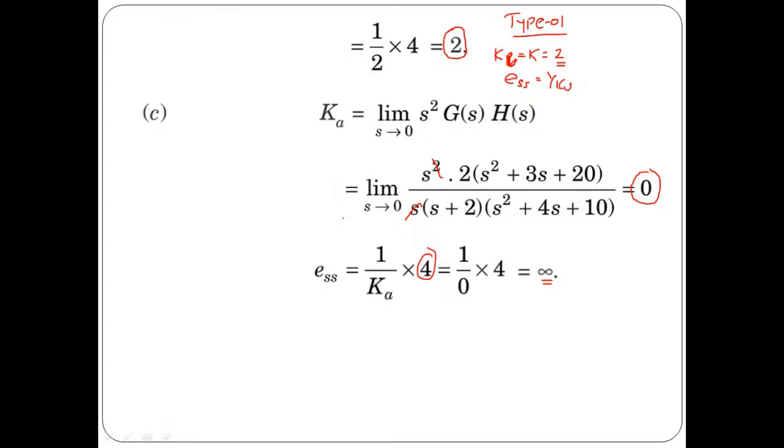So finally, what we conclude is that for this particular system having an open loop transfer function G of s into H of s equals 2 in bracket s square plus 3s plus 20, whole divided by s in bracket s plus 2 and then s square plus 4s plus 10, because it is a type 1 system, because here we have one pole available at origin, the value of acceleration error coefficient is going to be 0, and the corresponding steady state error is going to be infinite.